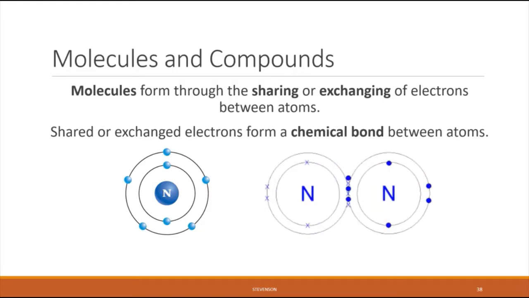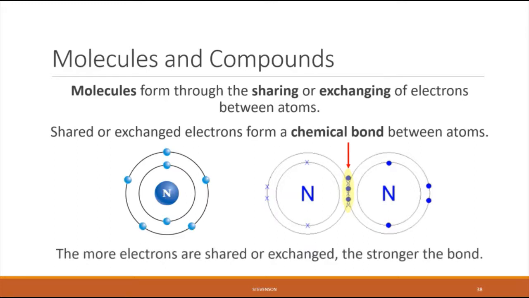So here we have a depiction of 2 atoms of nitrogen that are engaging in a sharing of their electrons with each other. And the shared electrons are referred to as the chemical bond. So these electrons here that we are focusing on with the highlight and the arrow, that is the chemical bond between these 2 atoms in this molecule of nitrogen.